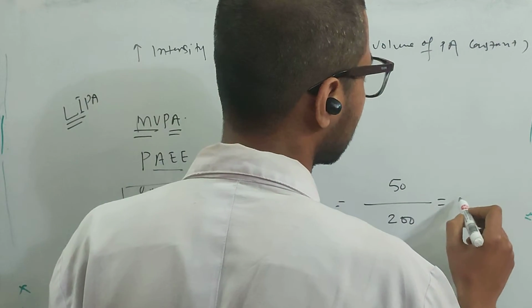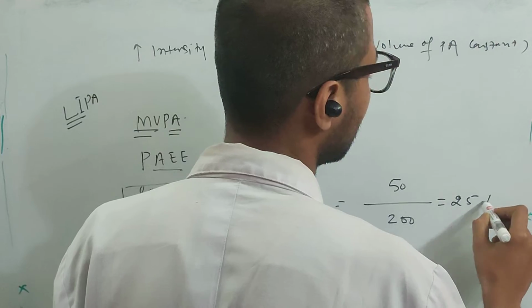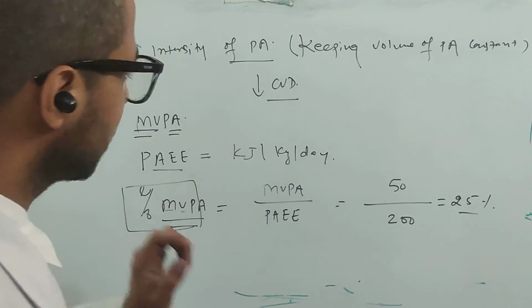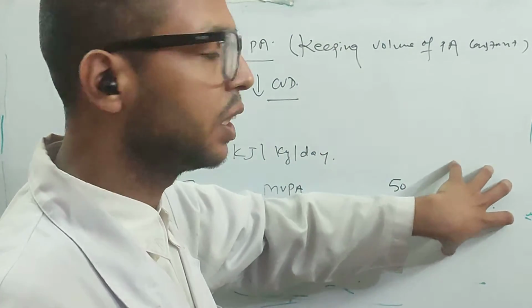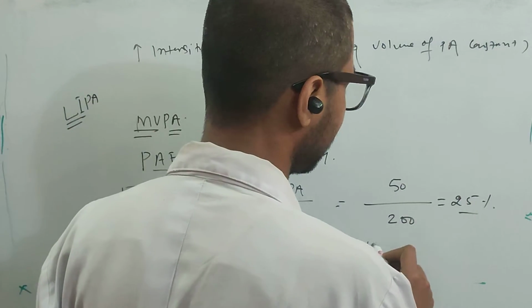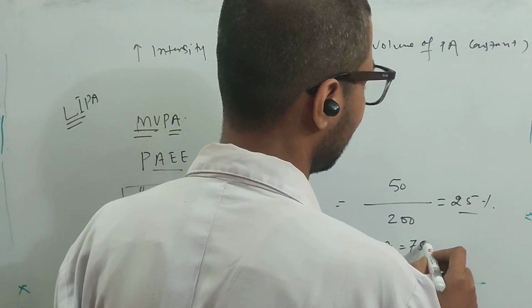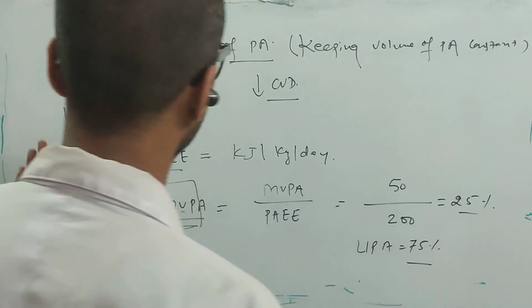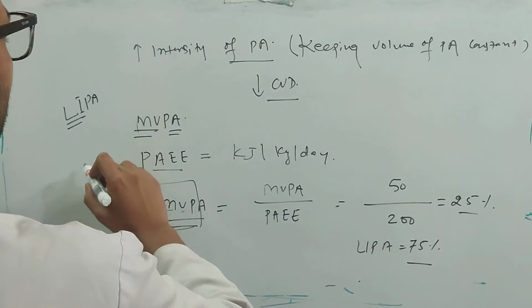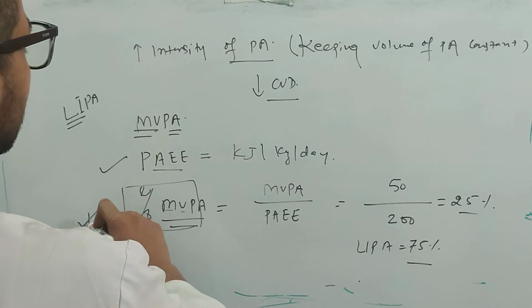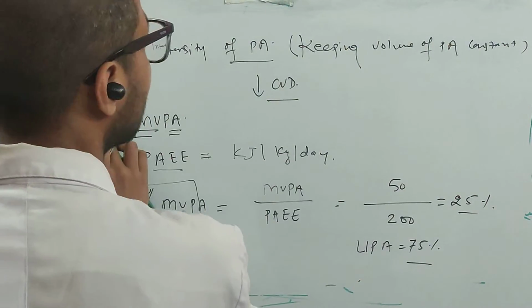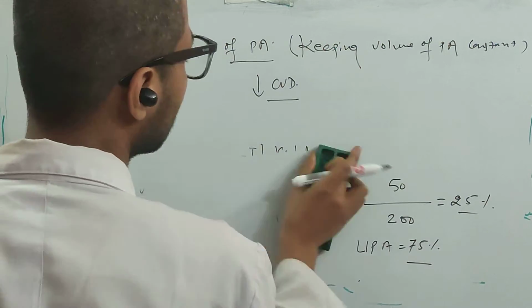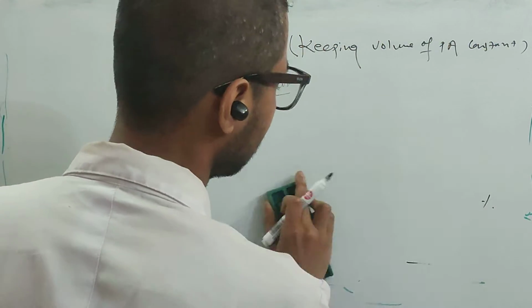So what is the percentage? 25%. 25% of his exercise is moderate to vigorous intensity, and the rest, 75%, is light intensity physical activity. So you understood this terminology: physical activity energy expenditure, moderate to vigorous intensity physical activity. Now you will have an easier understanding of the data in this study.